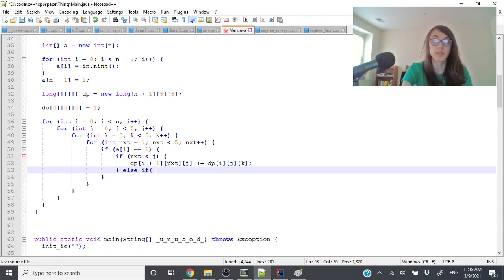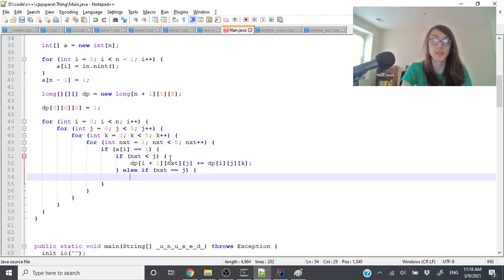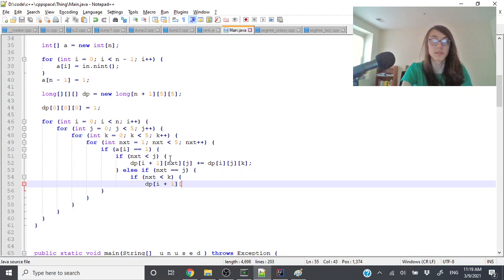Else if next is equal to j, if k is less than next, no, next is less than k, dp i plus 1 next, no, it's j and then k because it doesn't change, plus equals dp i j k.